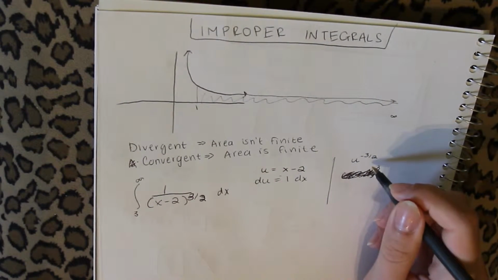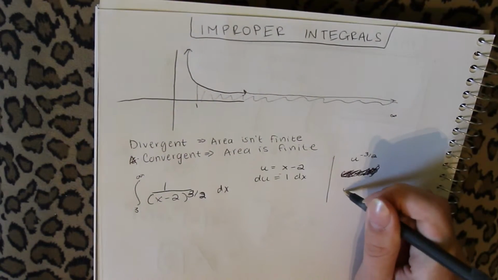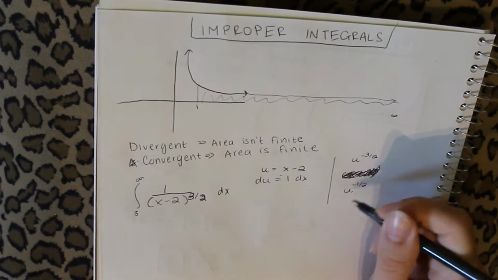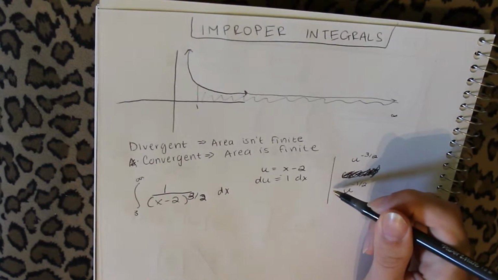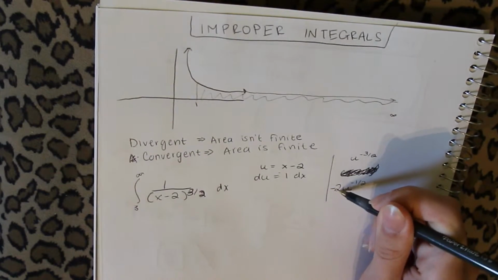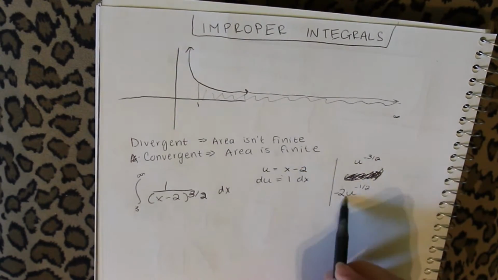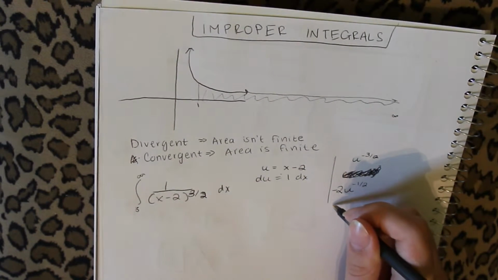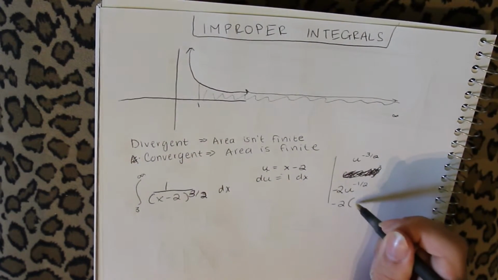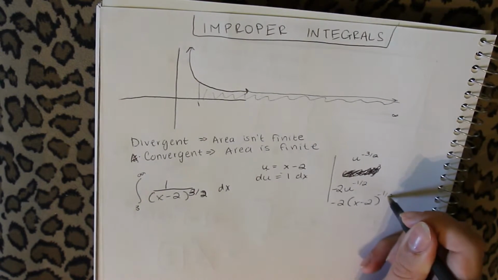So we're just going to add 1 to the power. So that's 2 over 2. So it's going to end up being u to the negative 1 over 2, and we're going to divide by this new power. So we're going to divide by negative 1 over 2, which is the same thing as multiplying by negative 2. And now we're going to substitute the x back in, and over here we said u equals x minus 2, to the negative 1 over 2.